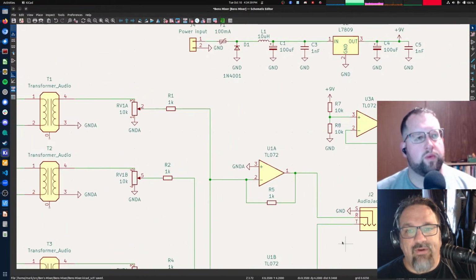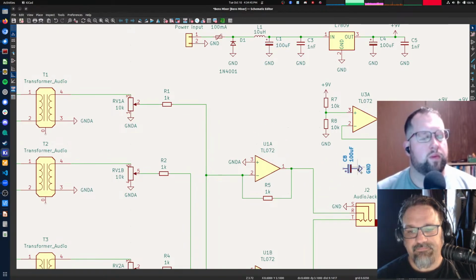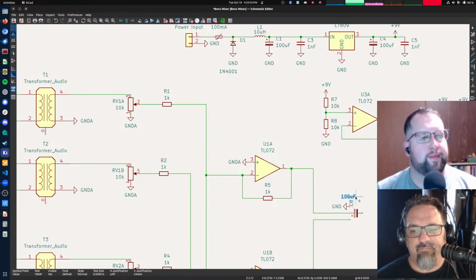So the way we fix that is by using a couple of these. So one of the neat things about a capacitor is that it will pass an AC voltage, but it will block a DC voltage.